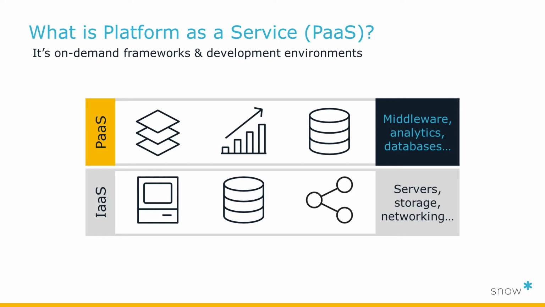Some examples of PaaS include AWS's Elastic Beanstalk, Windows Azure, Heroku, or Google App Engine. PaaS is delivered over the internet and allows developers to focus on building their software without having to worry about the operating systems, software updates, storage, or the underlying infrastructure. And like IaaS, PaaS benefits include availability, scalability, but primarily reduced management overhead of those developer environments.